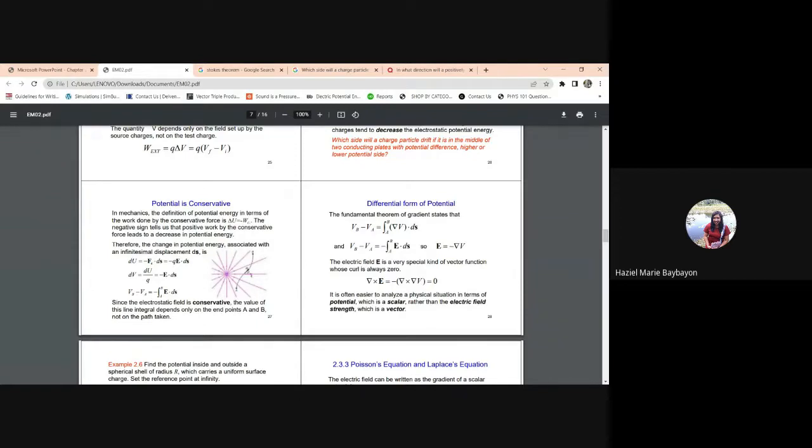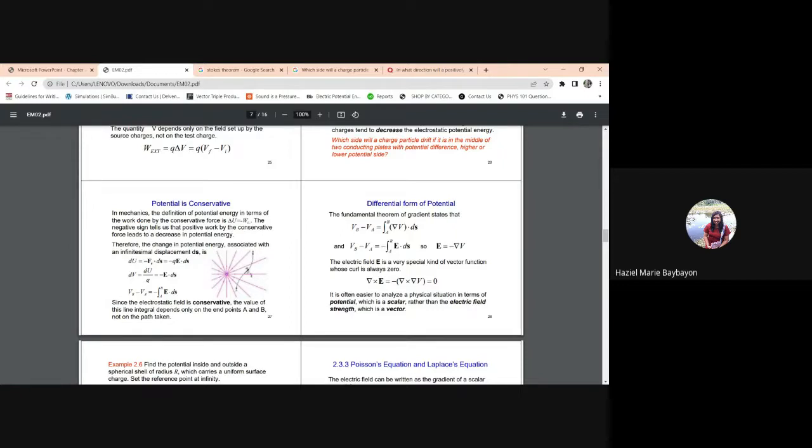And then we know that force can be expressed as Q times the electric field. Okay, so you inherently have a negative sign also here. You have negative QE dot ds.